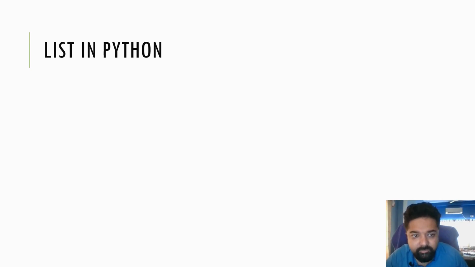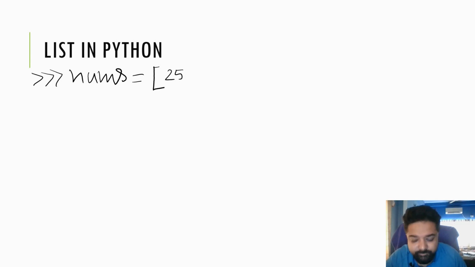Let's take a variable called nums. We assign a list by using square brackets this way. Suppose, no semicolon.